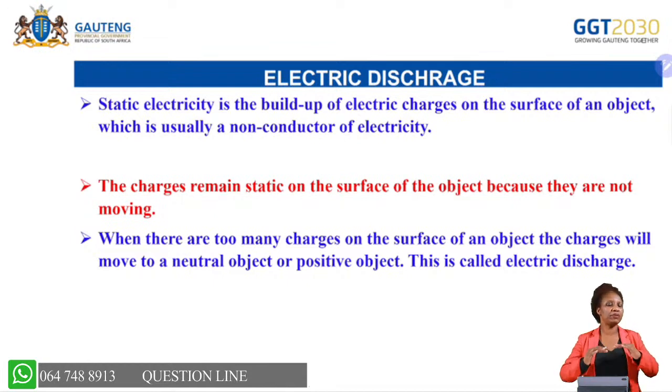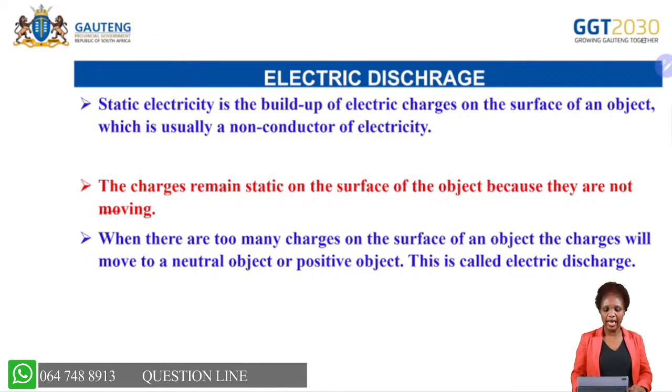Static electricity will build up on an insulator. If we're talking about an insulator, this is a non-conductor of electricity. All right. Therefore, there will be a build-up of what? Of electric charges on the surface of that object. Okay. And then the charges remain static on the surface of the object because they are not moving. They will be static because they are not moving.